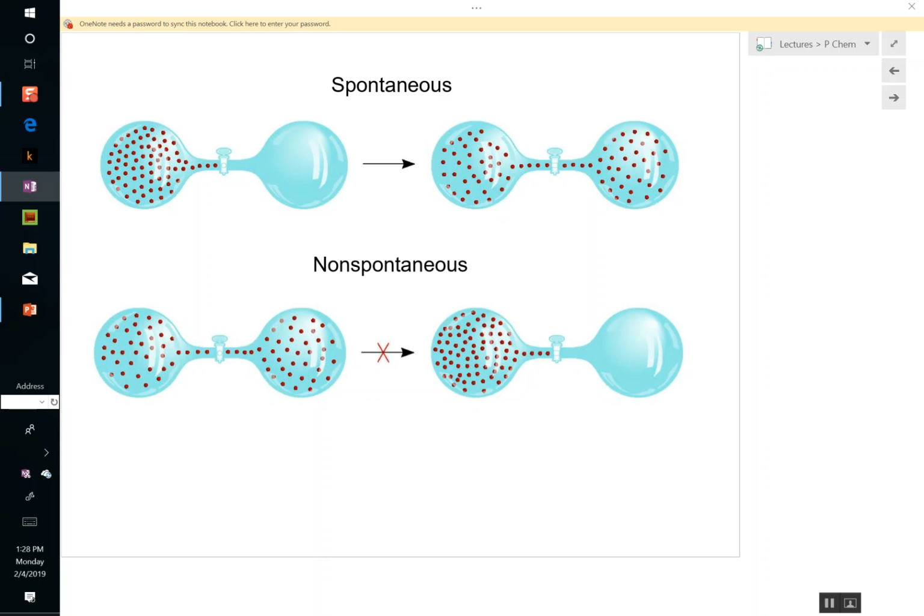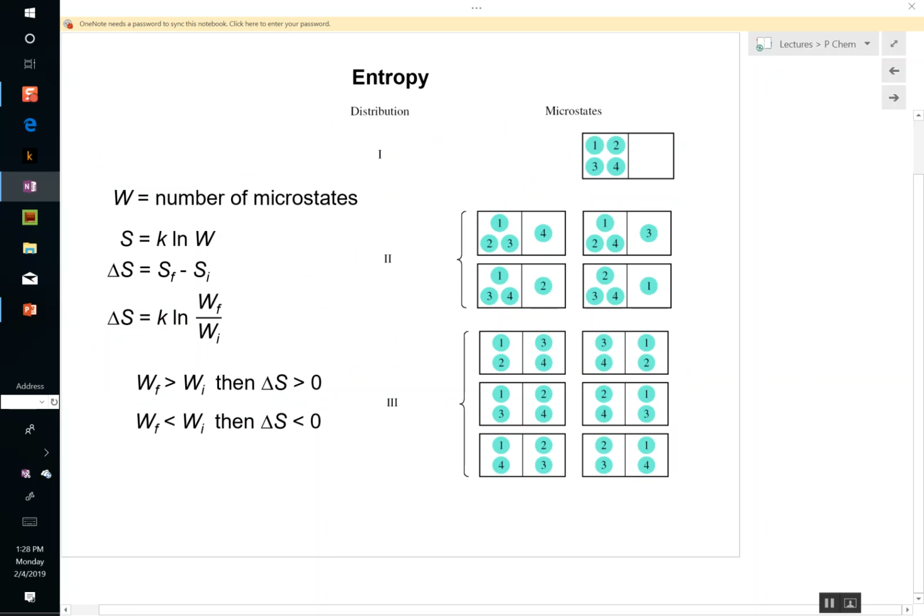That seems kind of, oh yeah, that's what happens. But why does it happen? If you started out here, you'll never spontaneously see these molecules migrate and congregate all on one side of the flask. But why does it do that?